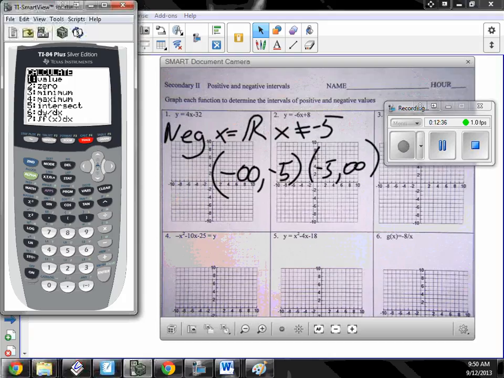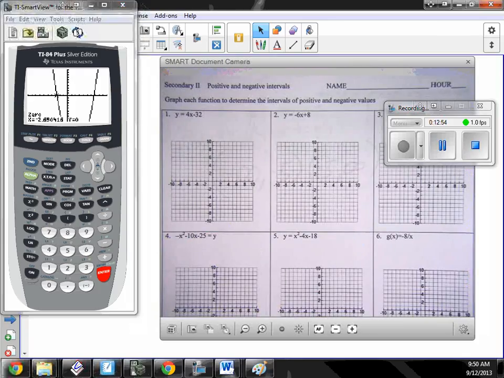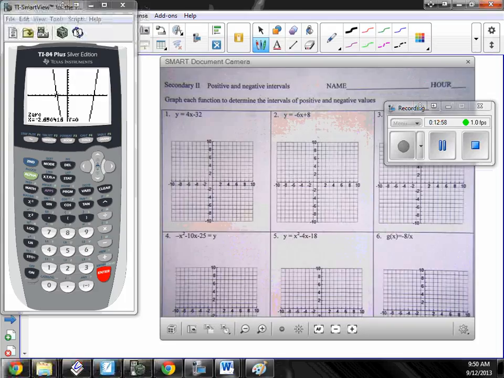The left 0, it looks like it's negative 3, so I'll plug in negative 5, negative 2, and negative 3. So what would be the positive version on the left side? So my positive intervals of x would be negative infinity up to negative 2.69.